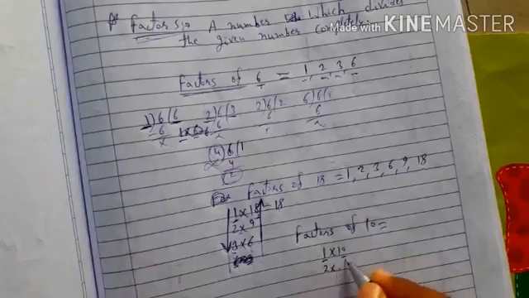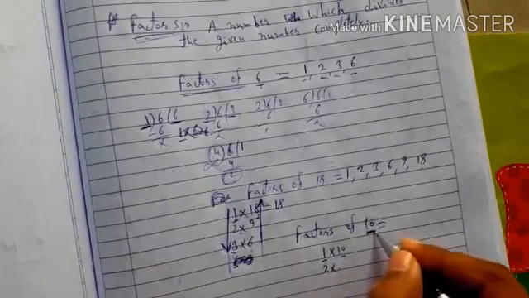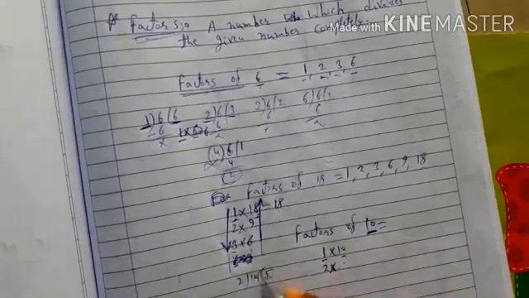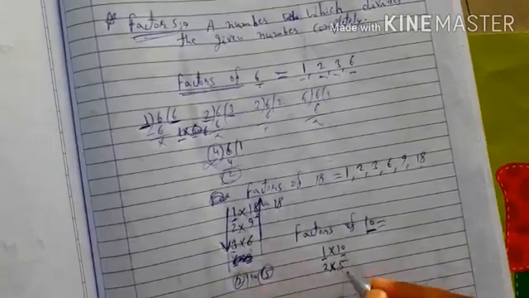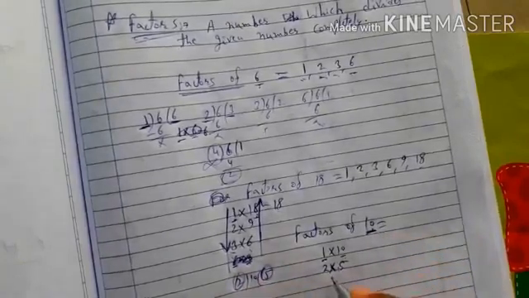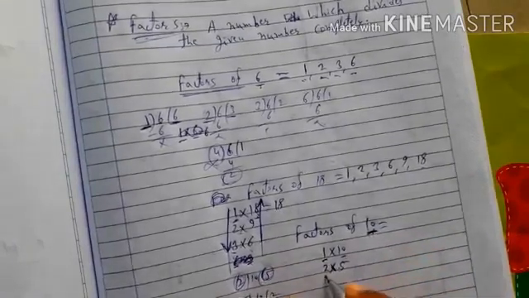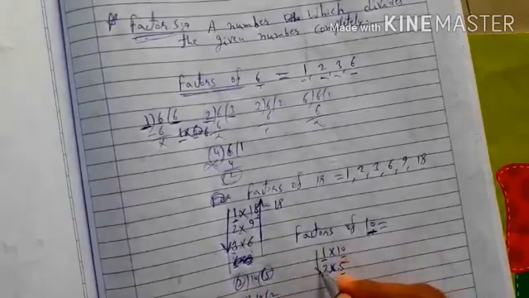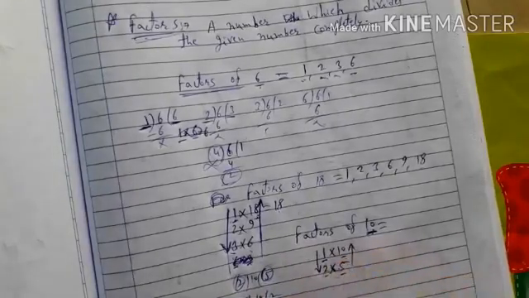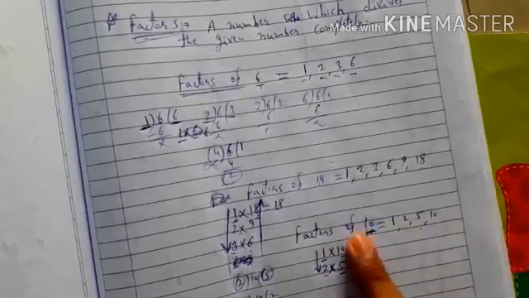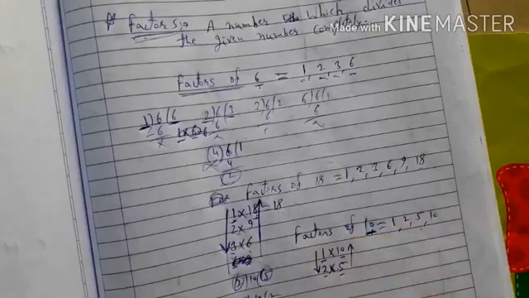And 2 divides 10, 5 times, so multiply 2 and 5. 3 does not divide 10, 4 does not divide 10, and 5 divides 10, 2 times. So we write 2 and 5, they are all factors of 10. So 1, 2, 5 and 10 are the factors of 10.